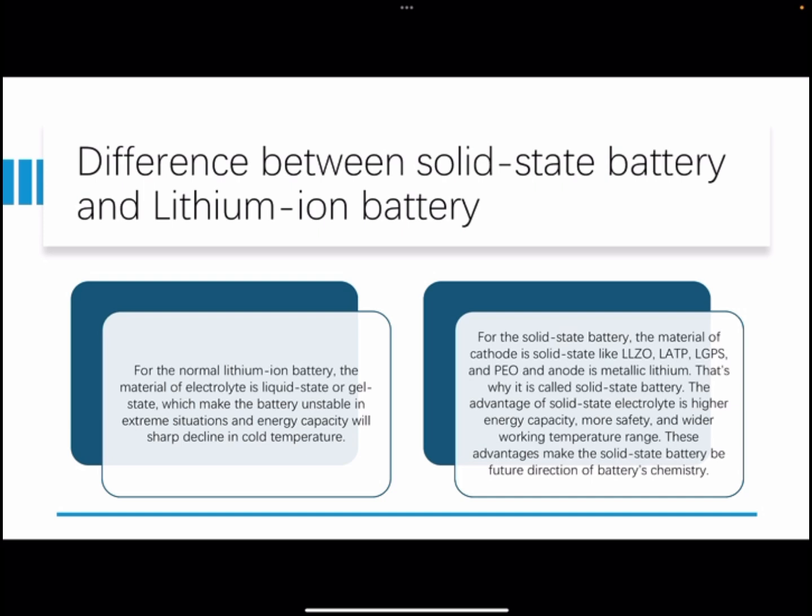PO, which are very complex compounds, and the anode in some solid state batteries uses metallic lithium, so that is why it's called a solid state battery. And the advantage of the solid state electrolyte is higher energy capacity, because you just use the lithium directly, but not use a box to contain it.